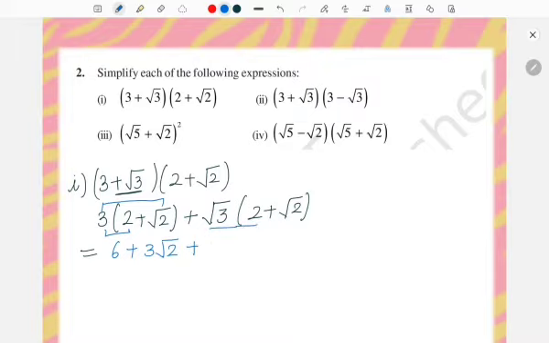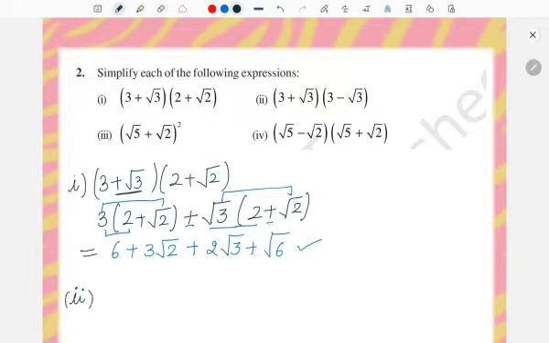Root 3 into 2 is 2 root 3. Then plus into plus is plus, root 3 into root 2 is root 6. So the answer to the first part would be 6 plus 3 root 2 plus 2 root 3 plus root 6.